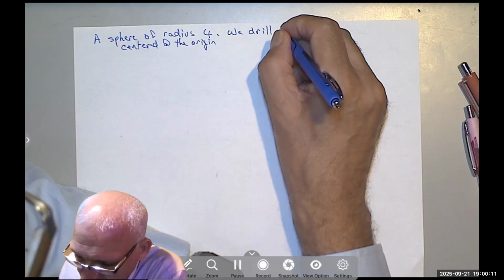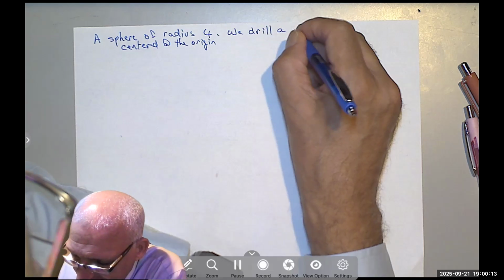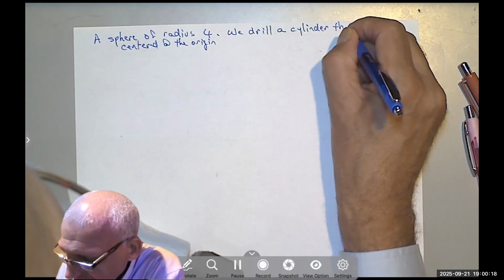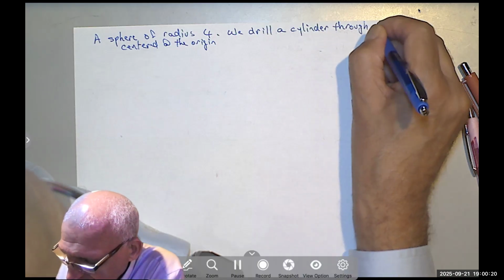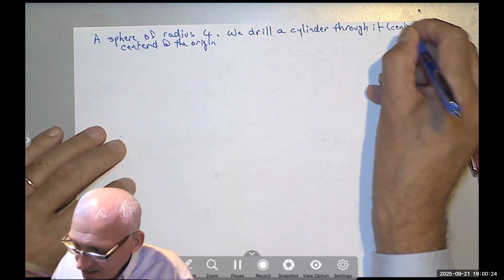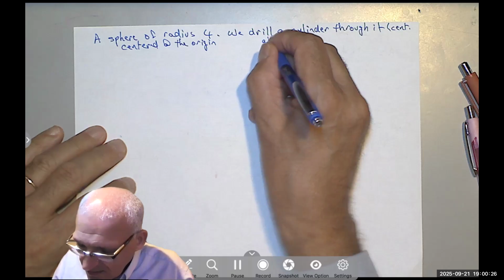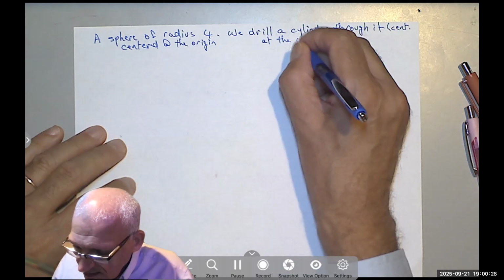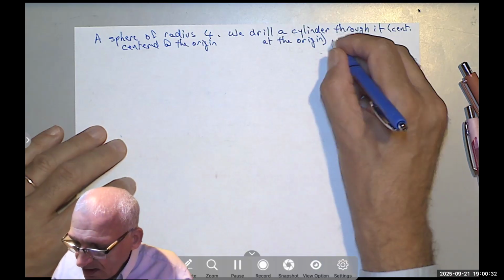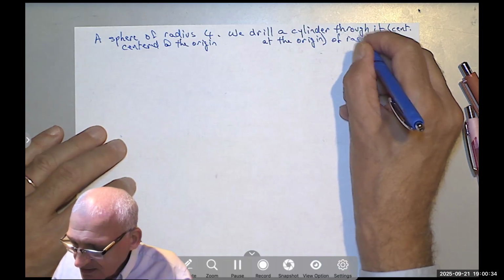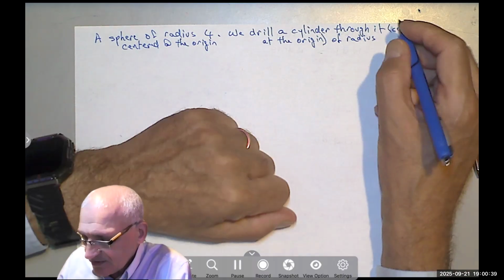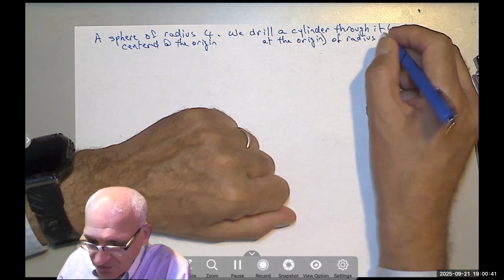We drill a cylinder through it, but the cylinder is also centered at the origin, of radius, whatever, 3, 2, whatever.